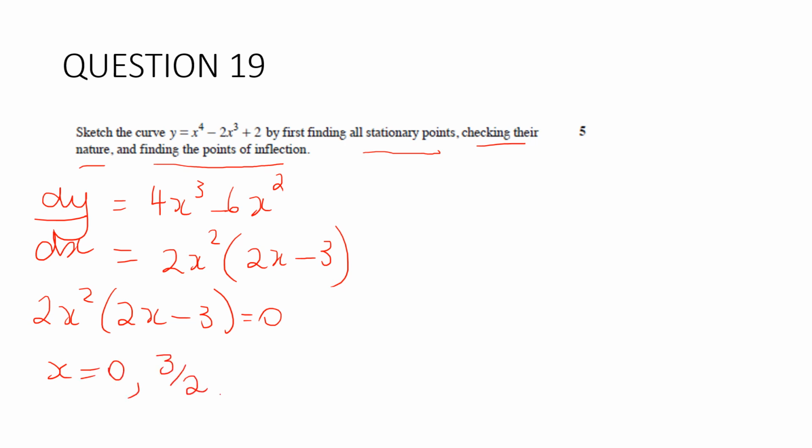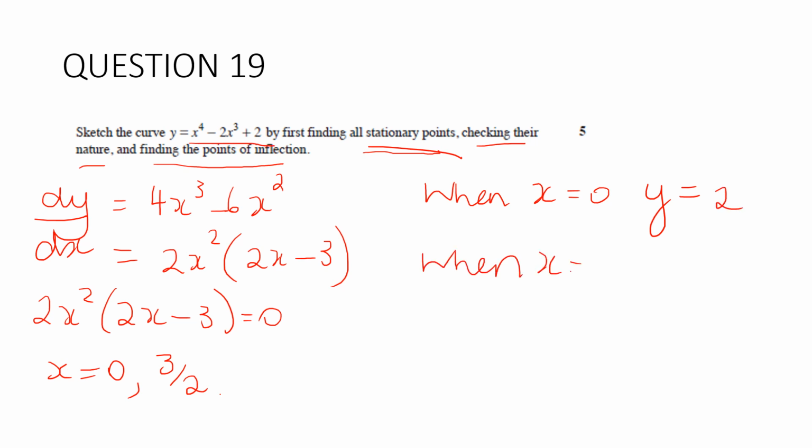Now we want the points, so we need the y coordinates as well. So when x is equal to 0, y is equal to 2. And when x is equal to 3 halves, y is equal to, let's substitute that in, 3 halves to the power of 4 minus 2 times 3 halves cubed plus 2.